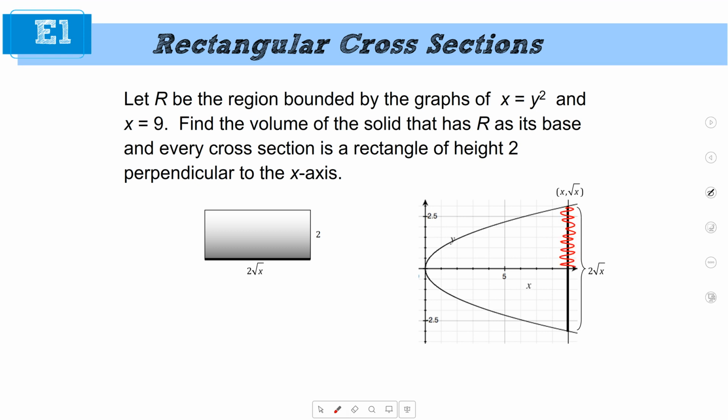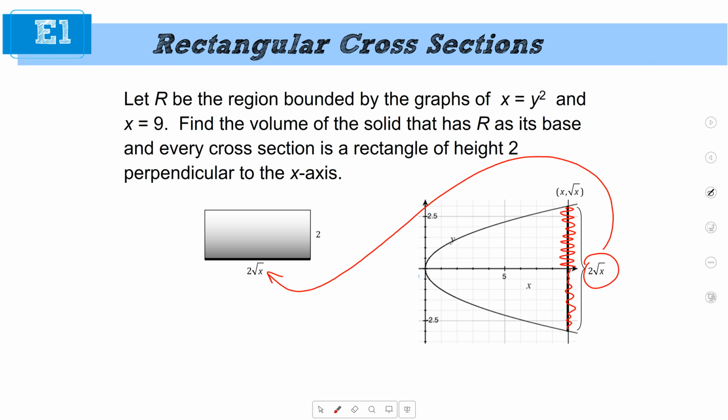That is the square root of x. I have 2 of them that make up the base of the rectangle, so that puppy is 2 square roots of x, which matches this. And to make your life very easy in the first time through, like I said, I fixed the height of the rectangle at 2. Okay, that's the hard part.